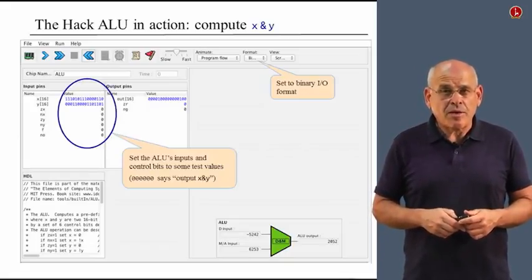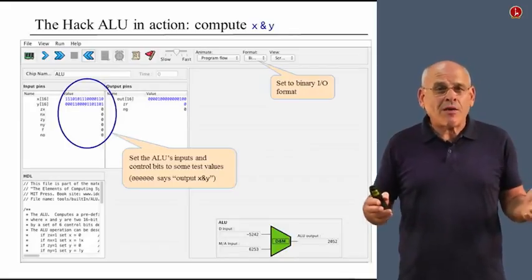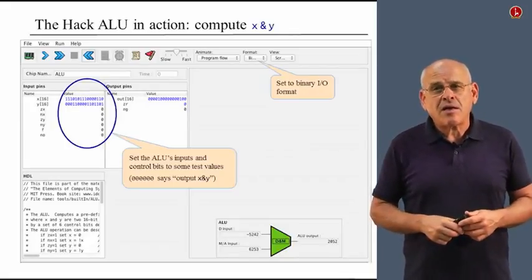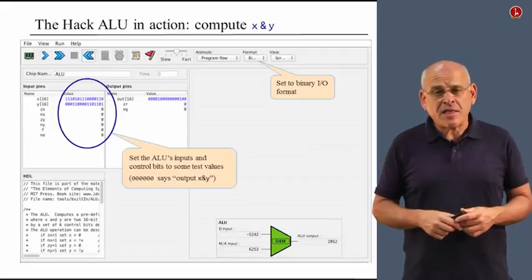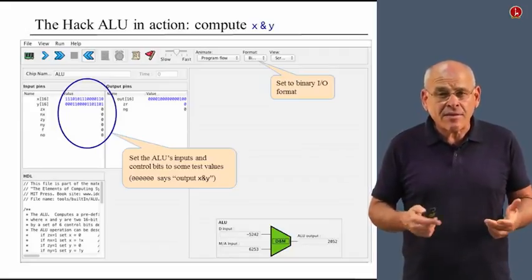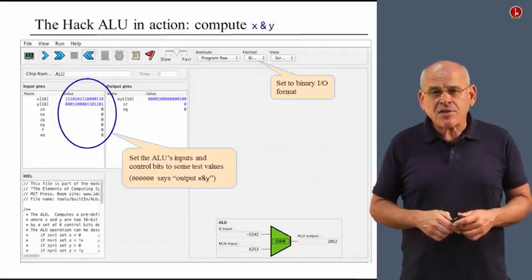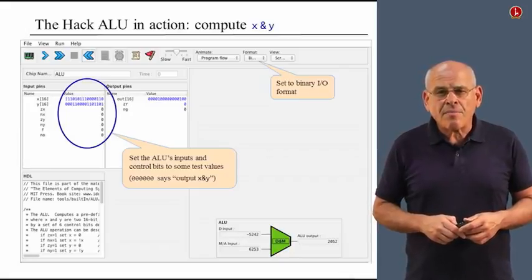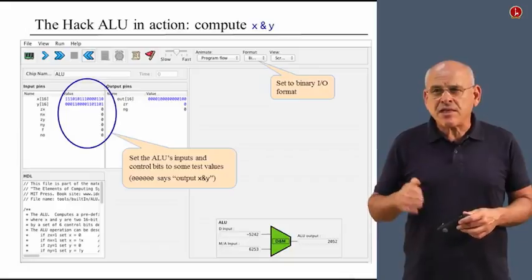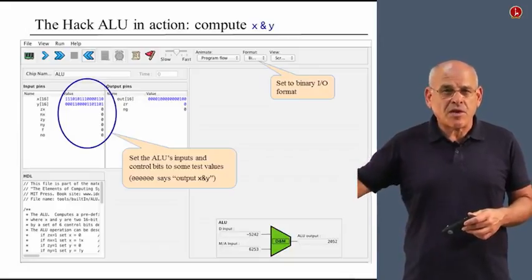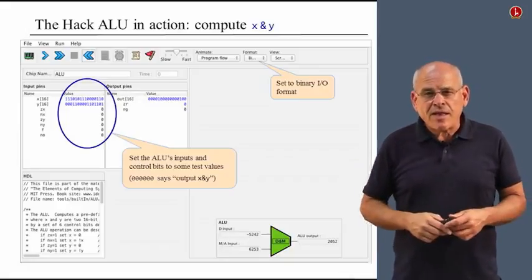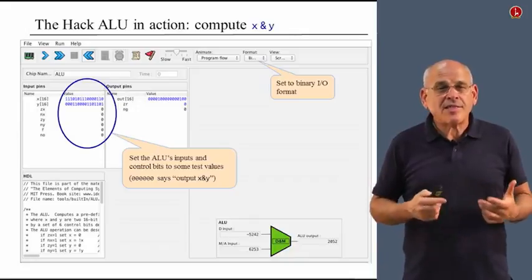So I picked two arbitrary examples of 16-bit zeros and ones values, entered them, and then entered the control bit values 0, 0, 0, 0, 0, 0, which happens to be the directive to compute x and y.